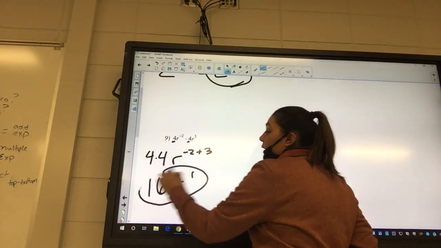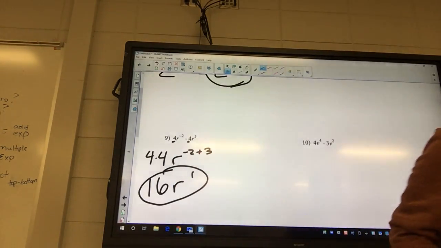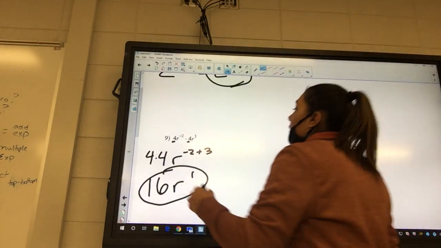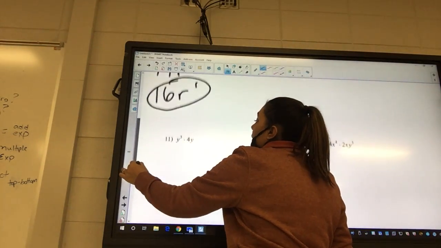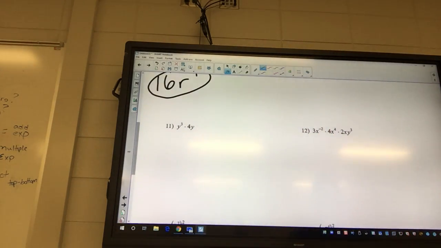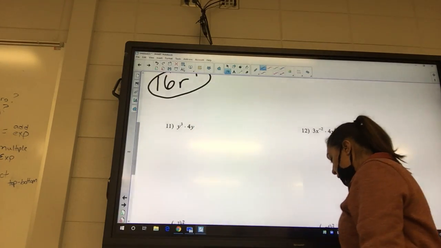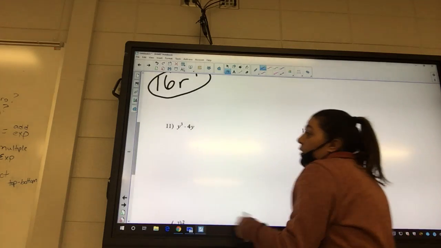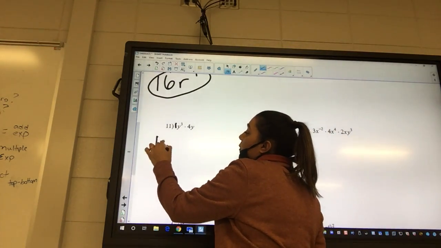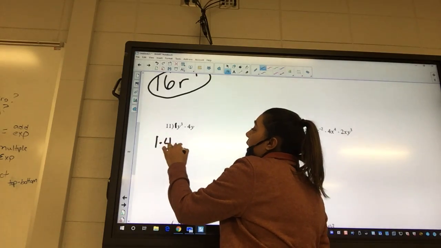Okay, and so we can leave it just like that. Okay, look at 11. Same thing, we multiply the bigs, add the littles. What are the bigs? 4 is the only big. 1 times 4. Or you could put a 1 here. So you can say 1 times 4, and we add up the littles.